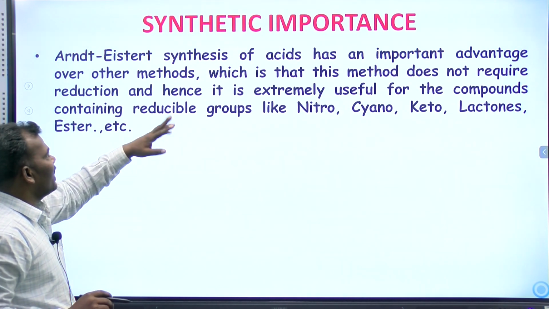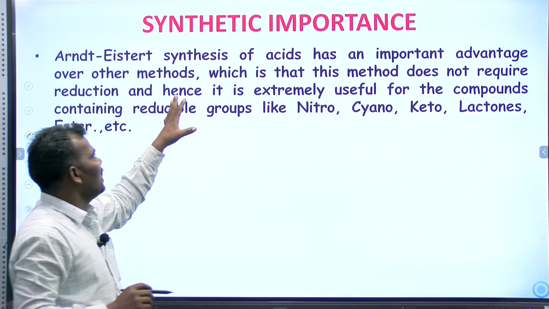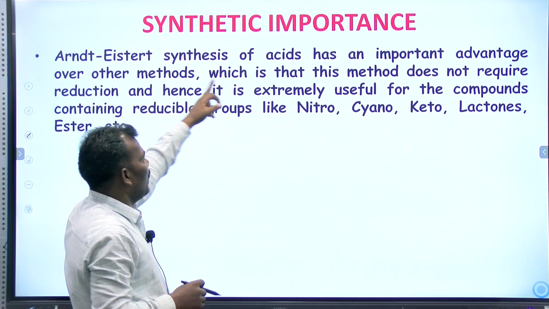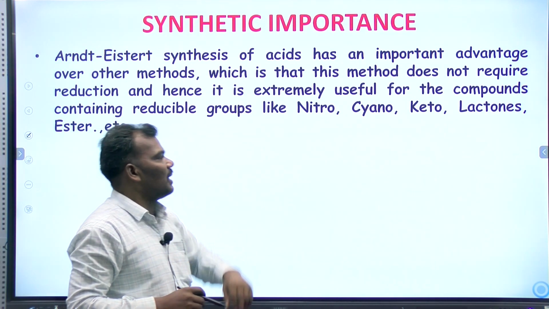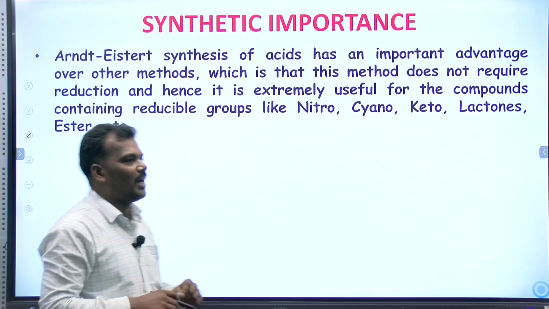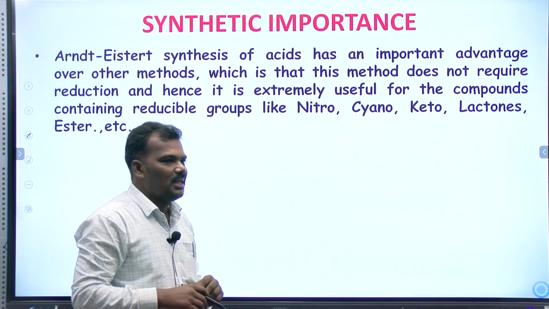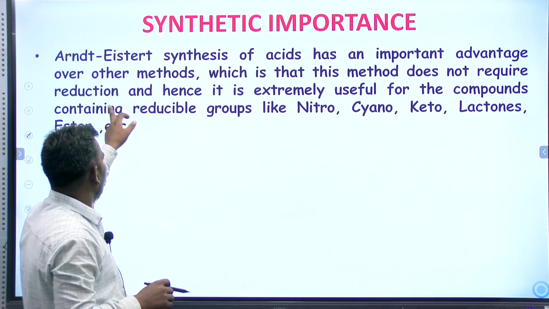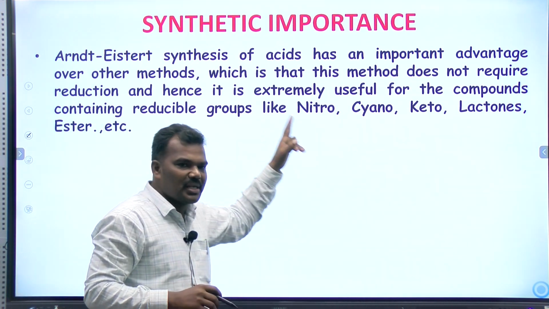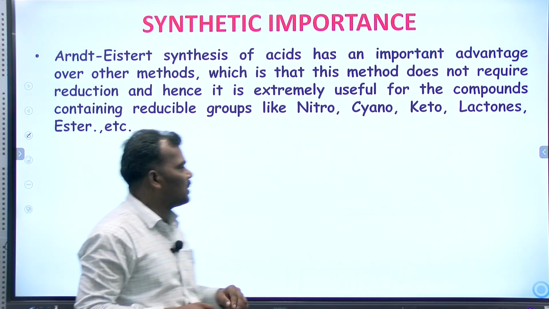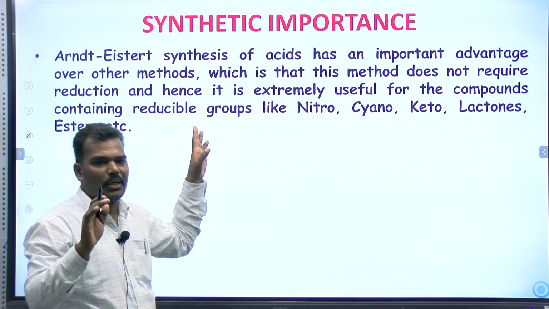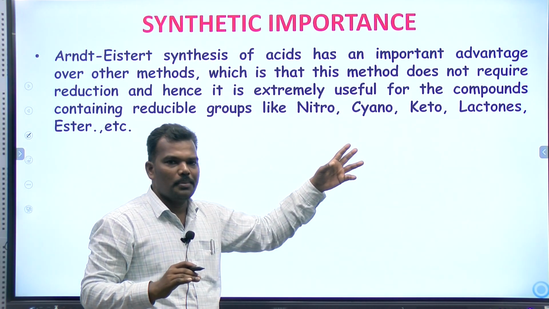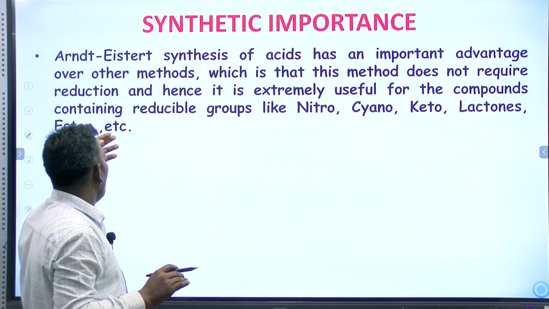Now the important synthetic applications of the Arndt-Eistert synthesis. The Arndt-Eistert synthesis of acids has an important advantage over other methods, which is that this method does not require any reduction, and hence it is extremely useful for compounds containing reducible groups like nitro groups, cyano groups, keto groups, and lactones or esters.